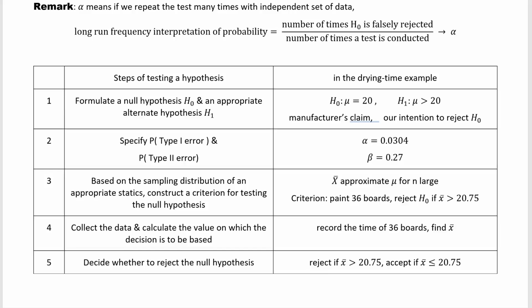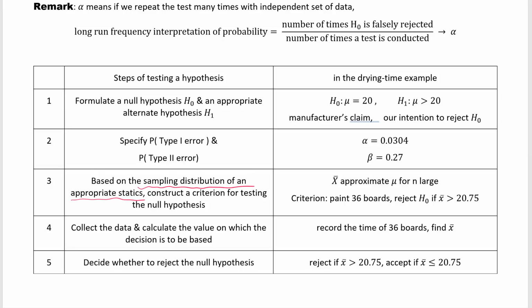Step 3, based on the sampling distribution of appropriate statistics, construct a criterion for testing the null hypothesis. What does that mean, the sampling distribution of appropriate statistics? We have 3 cases. First, large sample and known sigma. Second, large sample where we don't know sigma, so we use the sample standard deviation to calculate.